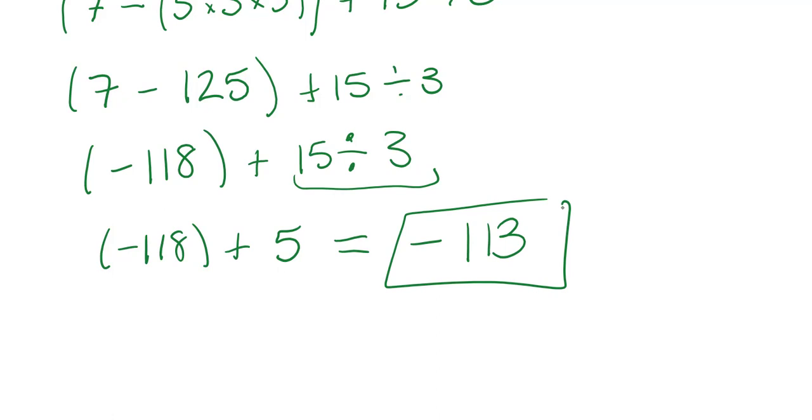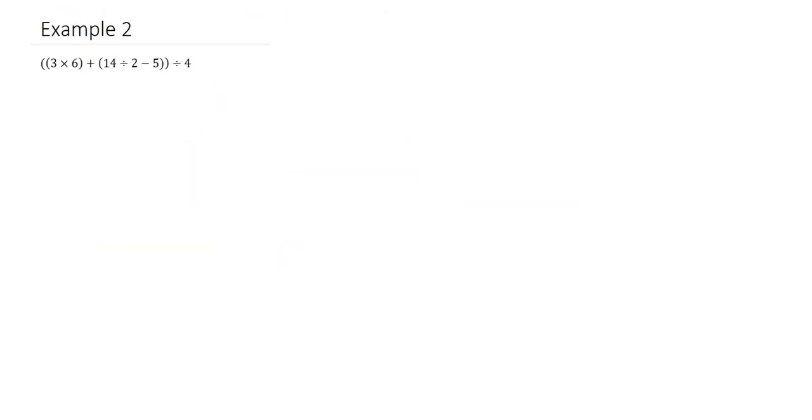Now let's look at another example. Example 2. We have quite a lot of operations to do, so let's make sure we write this out. We're going to deal with inside the parentheses.